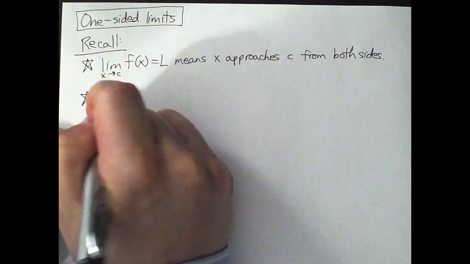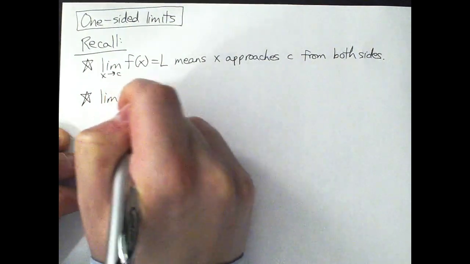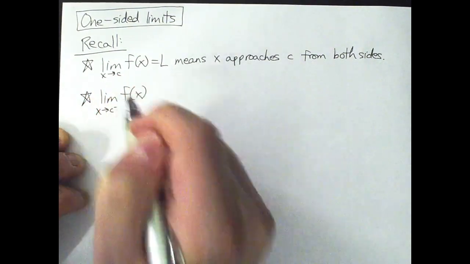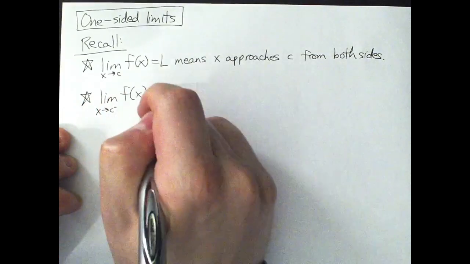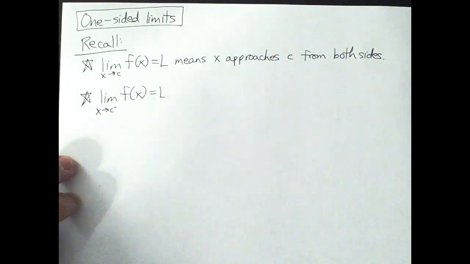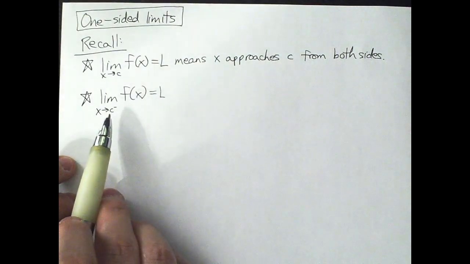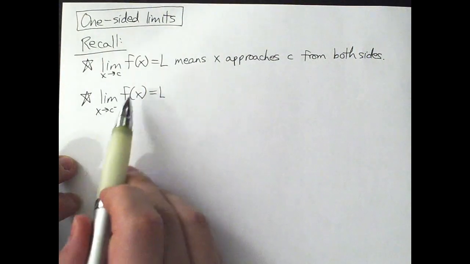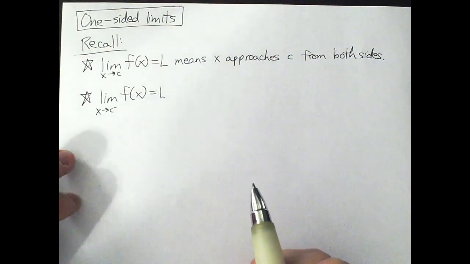We also talked about writing this same sort of thing with a little minus sign. We write the minus sign kind of looking like an exponent, like c raised to the minus sign. It's not technically an exponent, but that's how we write it.